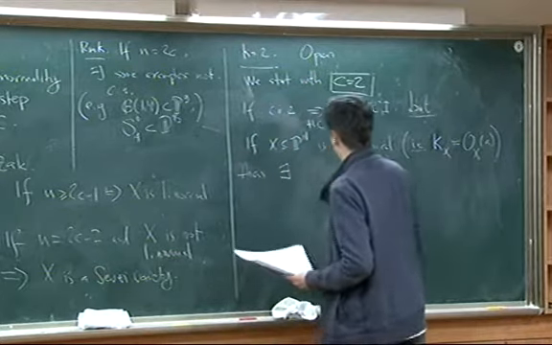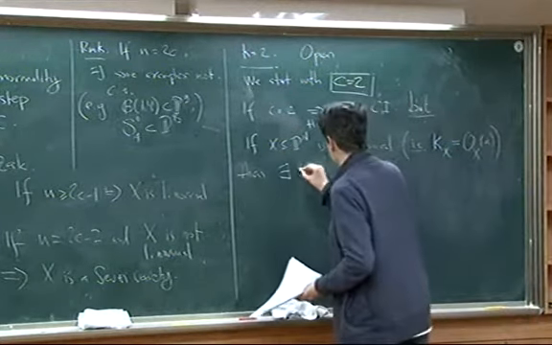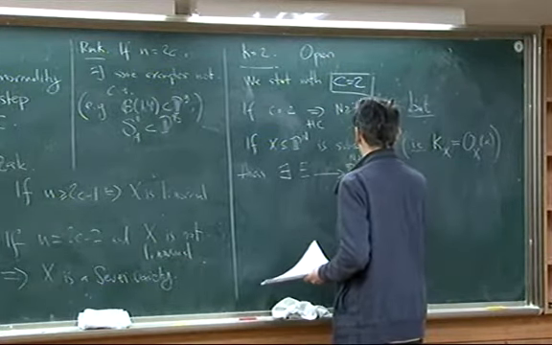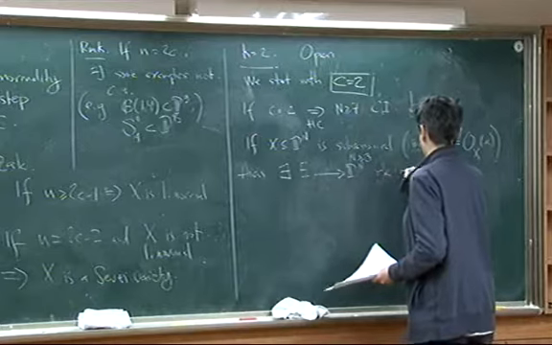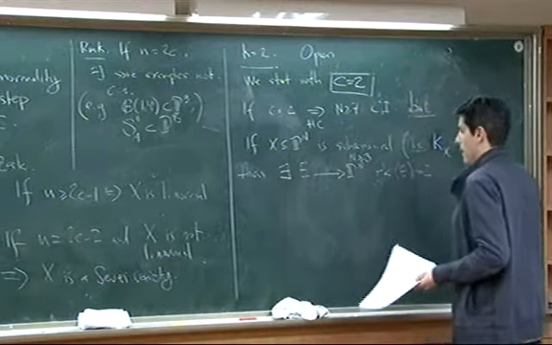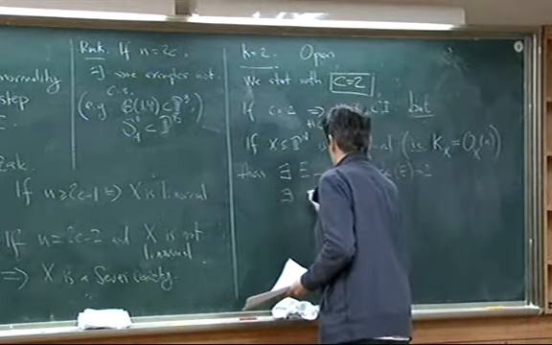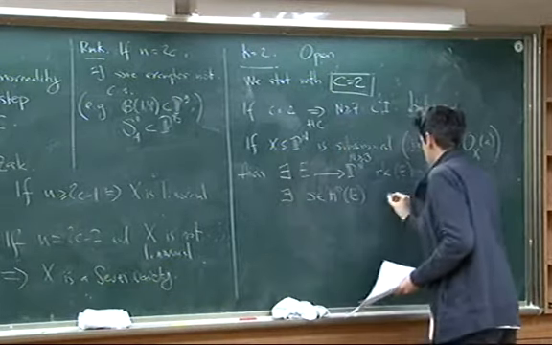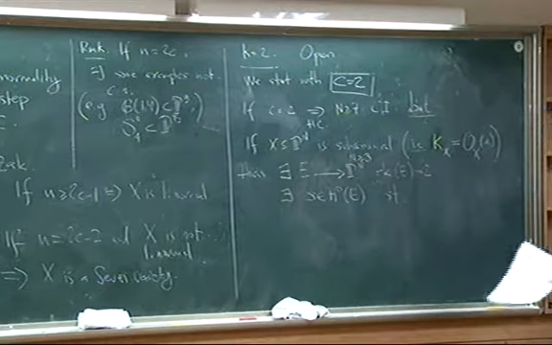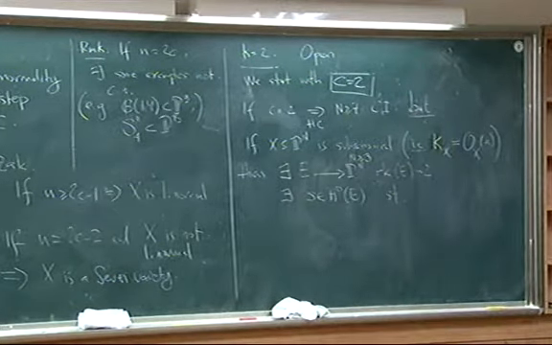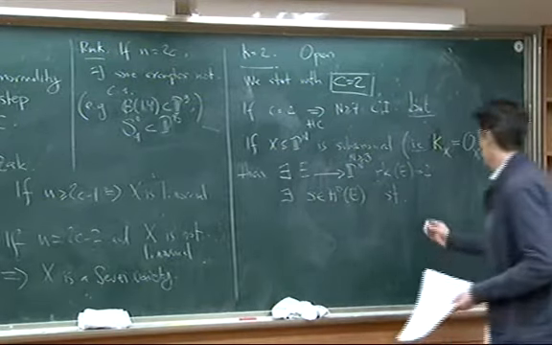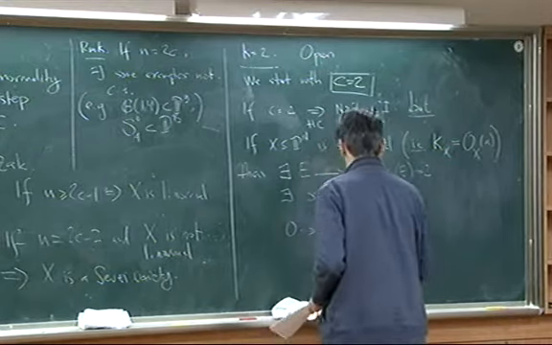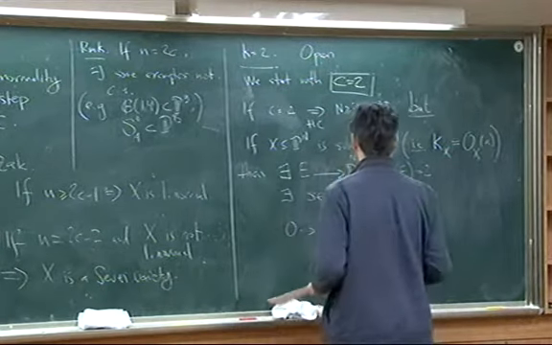there exists a vector bundle E over Pn of rank 2, and there exists a section such that X is given by the degeneracy locus of this section, so such that we have this diagram, this exact sequence.